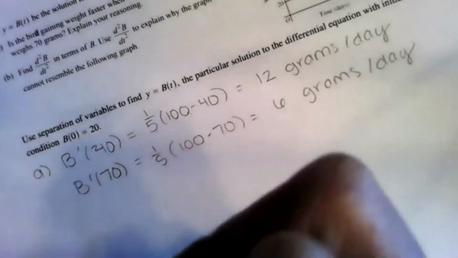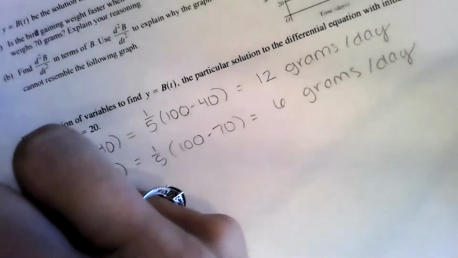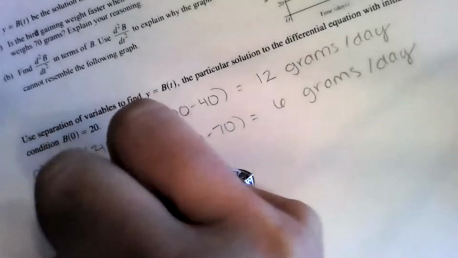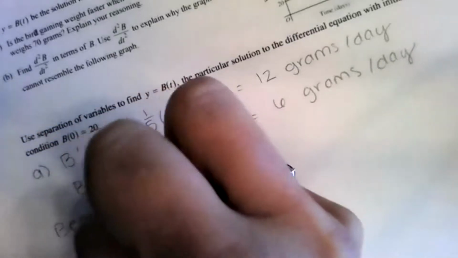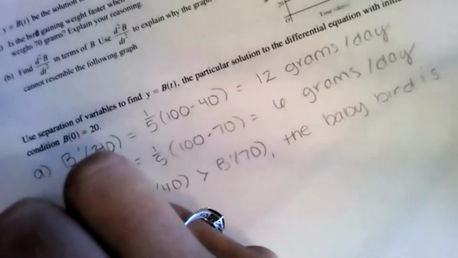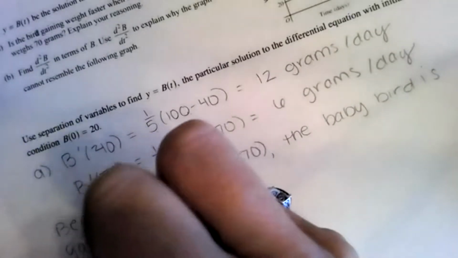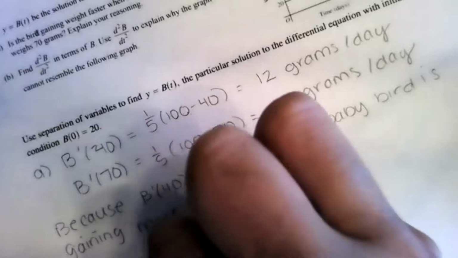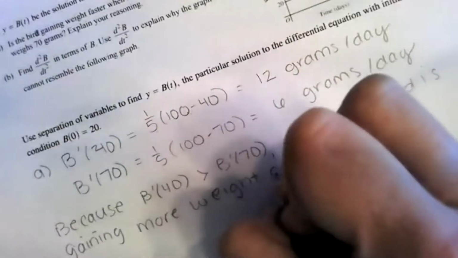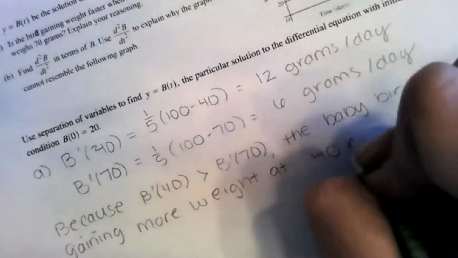So I would say, because B prime of 40 is greater than B prime of 70, my baby bird is gaining more weight at 40 grams.